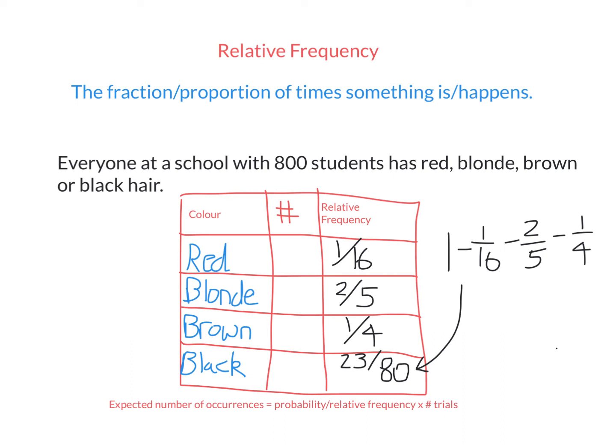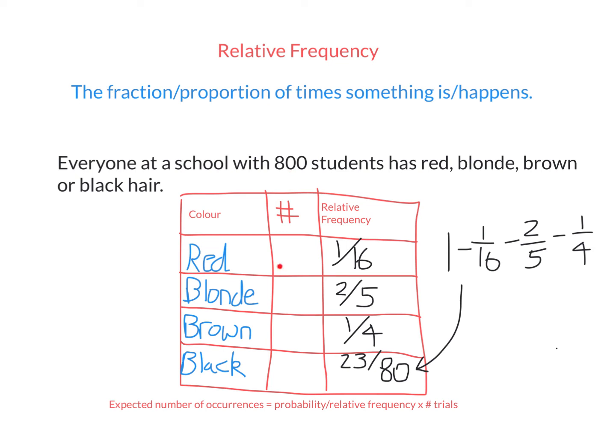So how many students would have each of these colours? Well, there's 800 students. What we're going to use here is this rule here. The expected number of times we expect something to occur is just the probability or relative frequency times the number of trials. Number of trials means number of times you do something. In this case, we're picking 800 students. So there's like 800 trials.